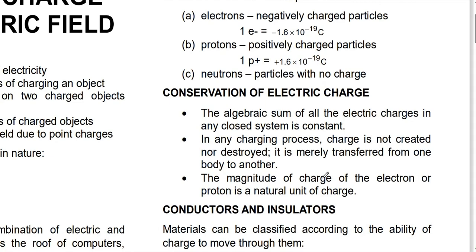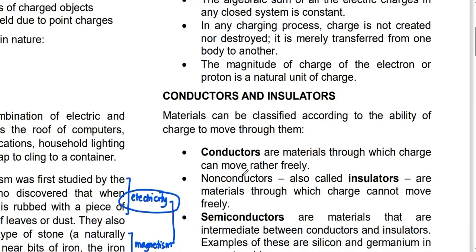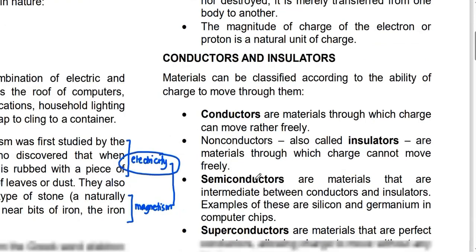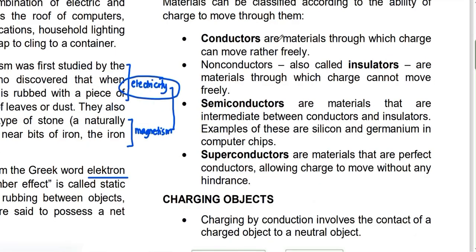So based on the ability of the charge to move through materials, the different types of materials are classified as conductors, non-conductors or insulators, semiconductors, and superconductors. Conductors are those materials through which charge can move freely.